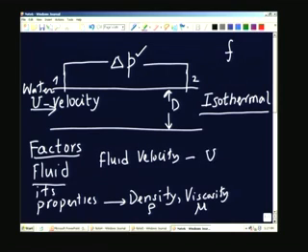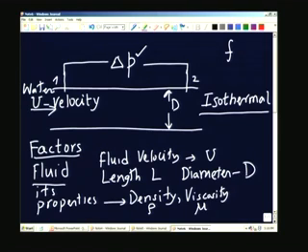So this is of course capital U, and of course the length of the pipe and the diameter of the pipe, D. So the number of factors is 1, 2, 3, 4, 5, assuming that it is a smooth pipe. We will say that it is a smooth pipe to reduce the complexity. So we have 5 factors, and this is the quantity which depends on the 5 factors.